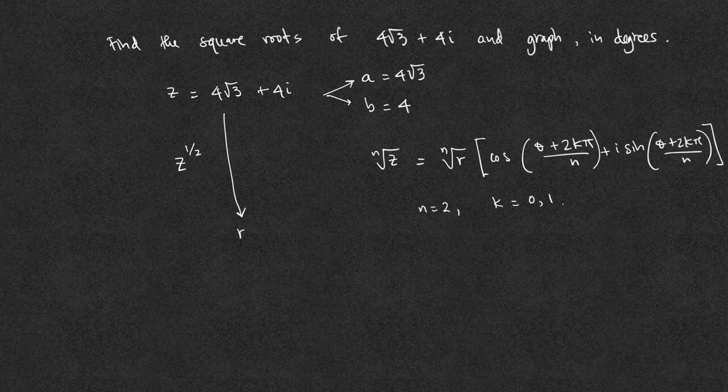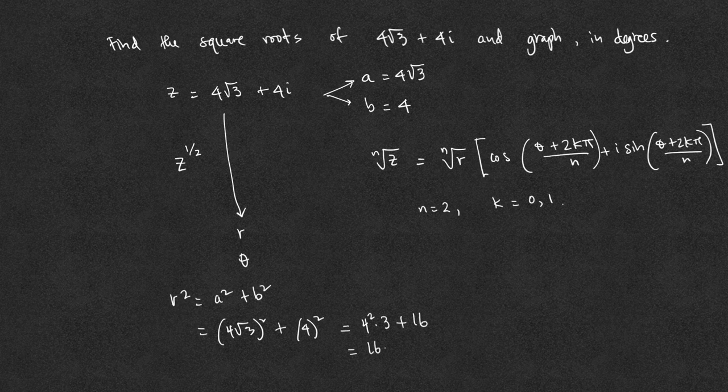So we need to know the modulus r and the argument theta, where r squared equals a squared plus b squared, where a is 4 root 3 and b is 4. 4 root 3 squared is 4 squared times 3, and 4 squared is 16.